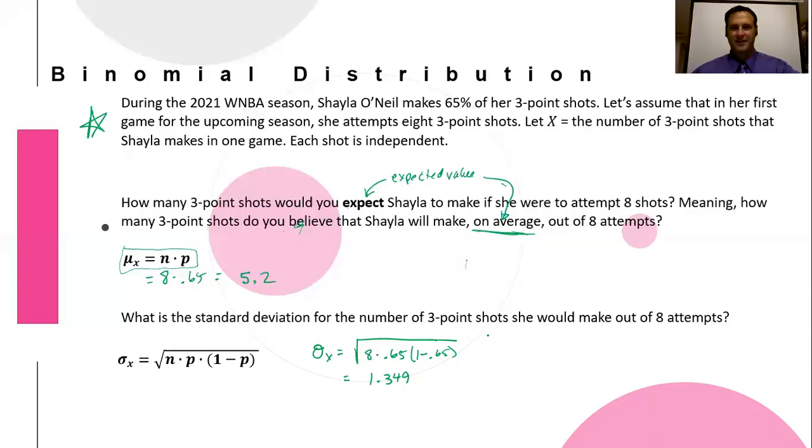So if Shayla attempts 8 3-point shots in a game, the number of makes will vary, and I always like to say on average, that's just my thing, by 1.349 makes from the mean.